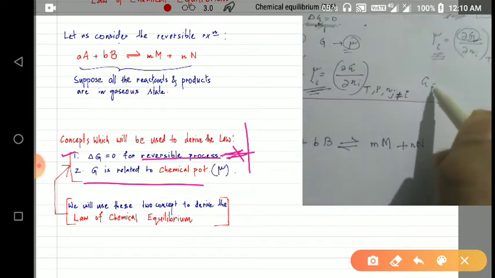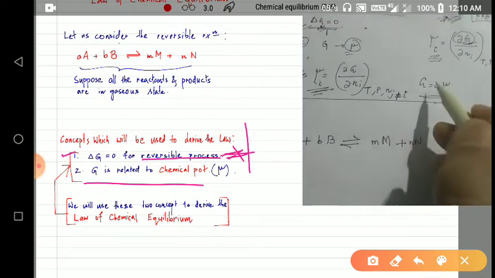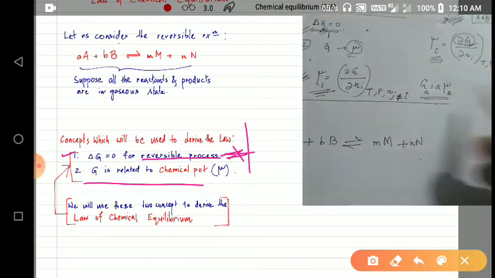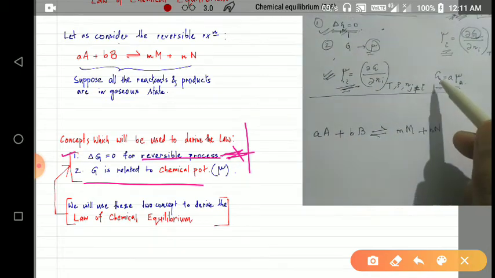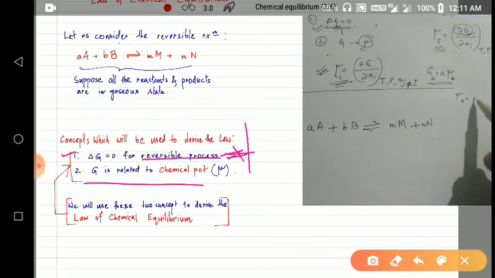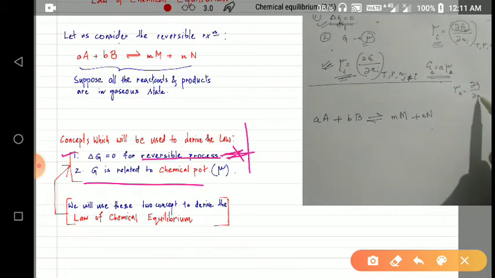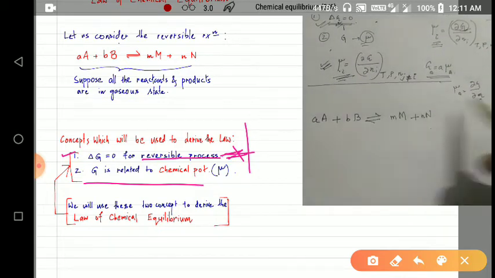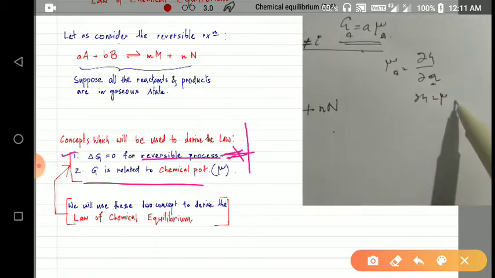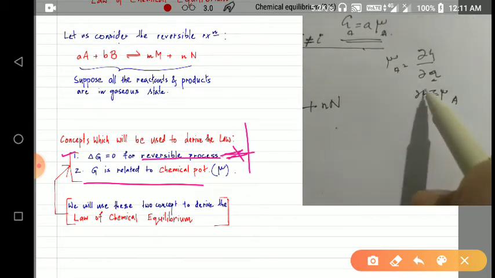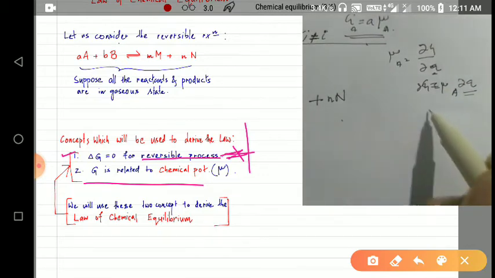G is equal to a mu A. This is for A, so this is G_A, because mu A is actually equal to dG by dA, because A is the number of moles. So here dG is equal to mu A into dA.